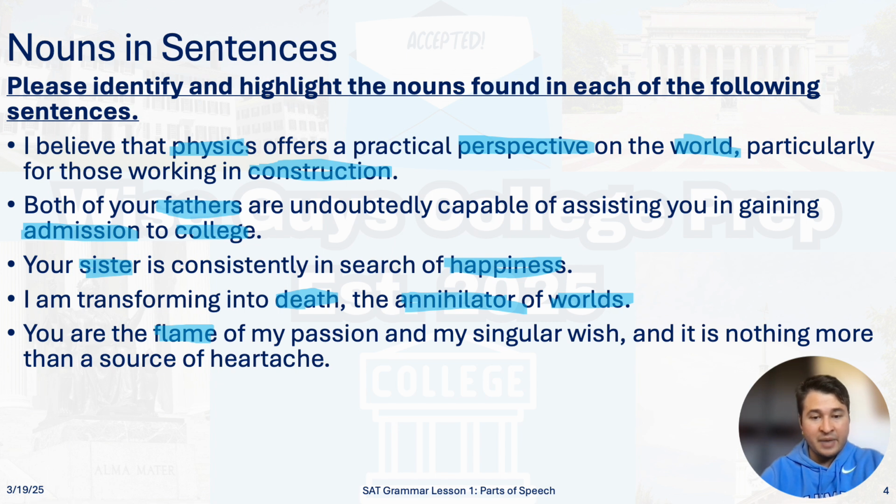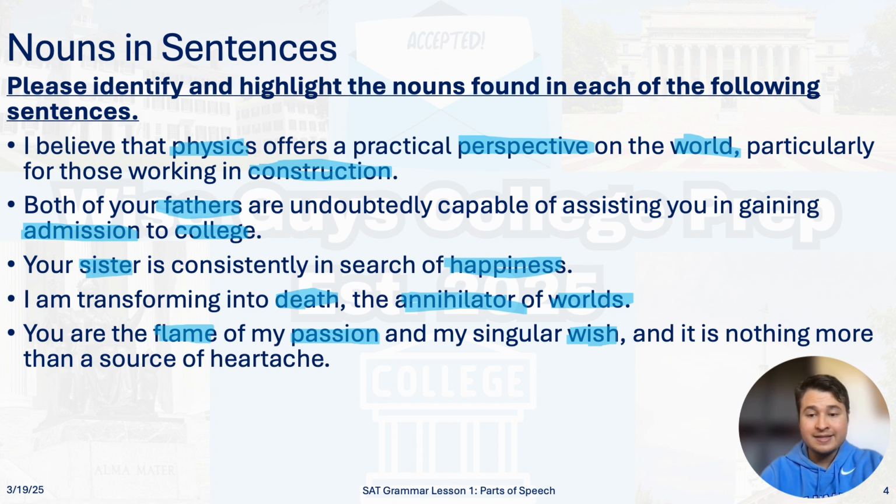Now, passion is just a state of great emotion and great fixation and determination, something that you love doing. Singular wish. So, wish is the noun here and it is abstract. It is something that you desire, and it is the idea of desiring something. So, it is abstract in here.